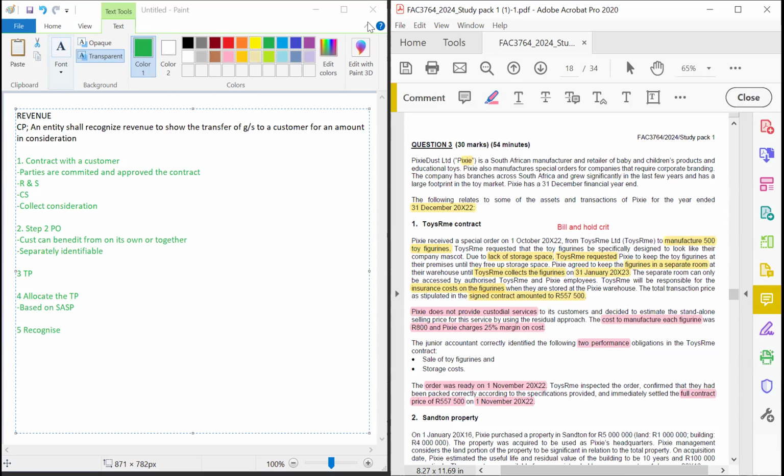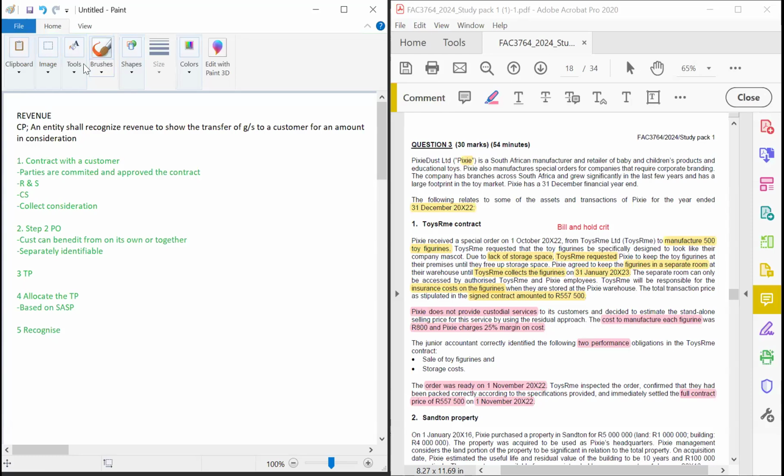So first thing that you need to do is you need to consider step two, right? So we are here. So essentially, we are looking at step two.